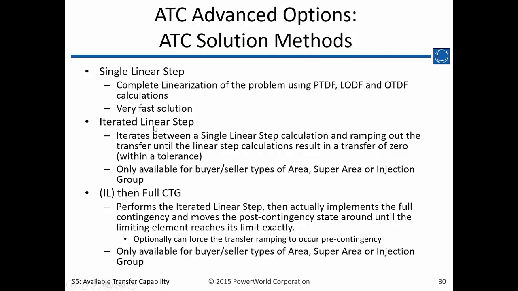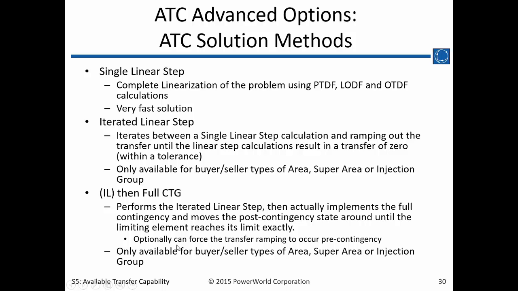In other words, it won't actually apply contingencies. It'll still estimate the contingent flow with sensitivities. The third one will actually implement the contingency and see how that impacts the actual flows. And then they'll iterate.